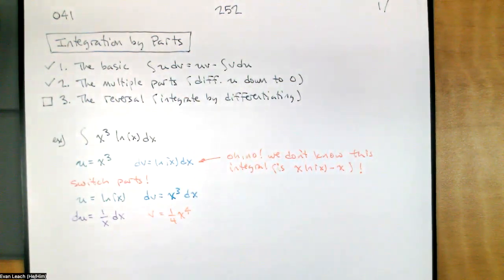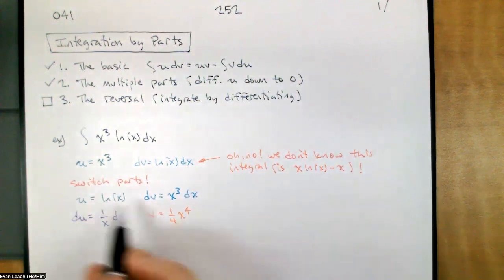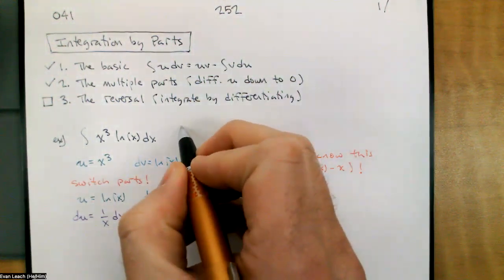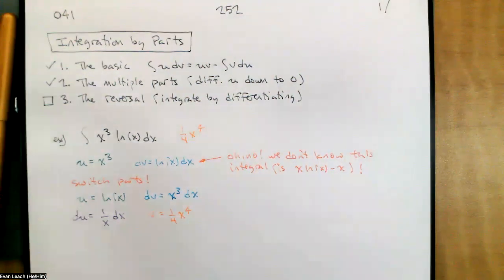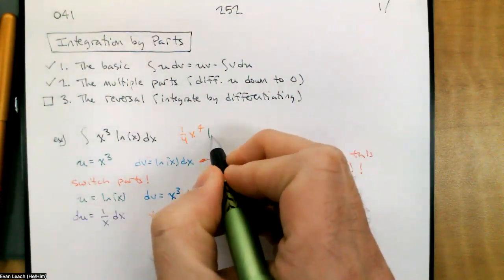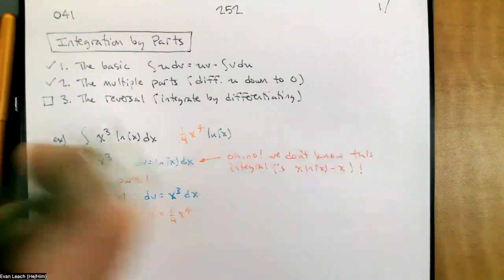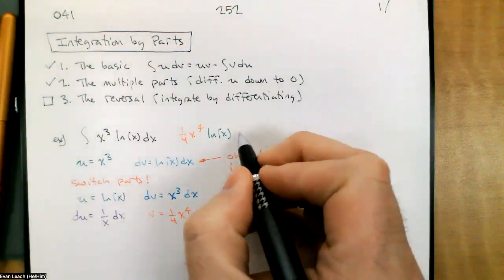So we chose our parts. We chose our givens. Next, we found the other two parts. Now we put together in the parts formula. So I'm going to have uv minus the integral of v times du.